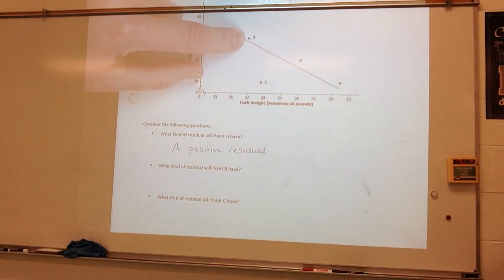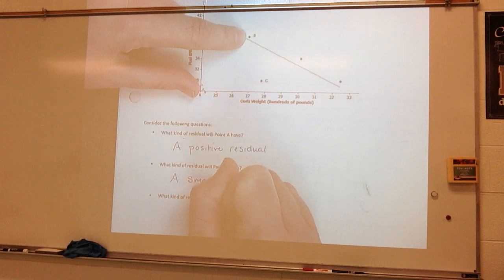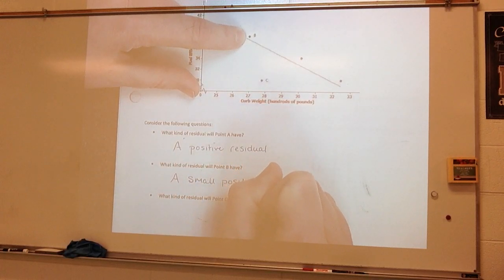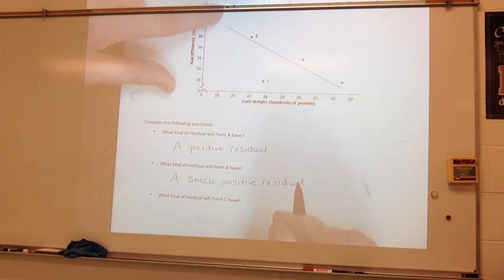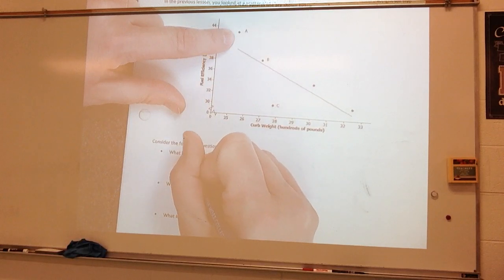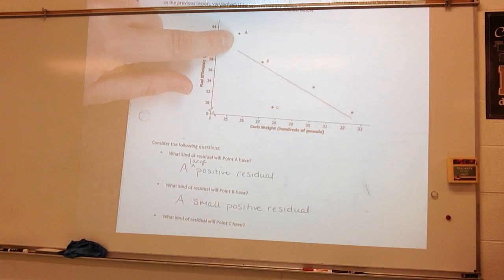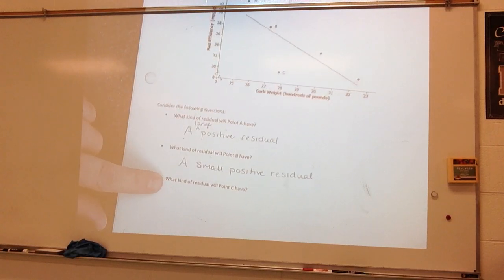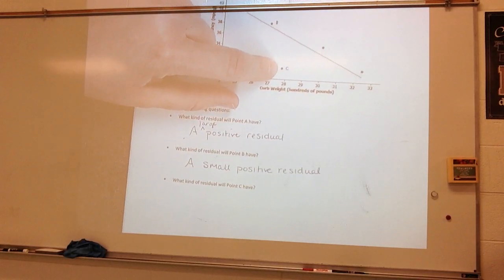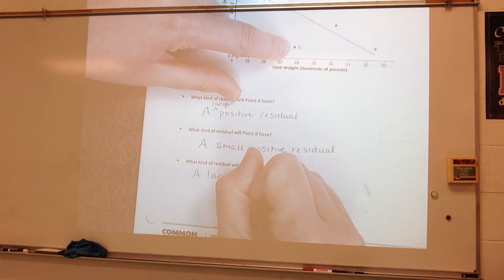Once again, point B is going to have a small positive residual. It's going to be very small. Going back to A for just a second, that's rather large. We need to probably say that's a large positive residual. What kind of residual will point C have? It's going to be a large negative residual.